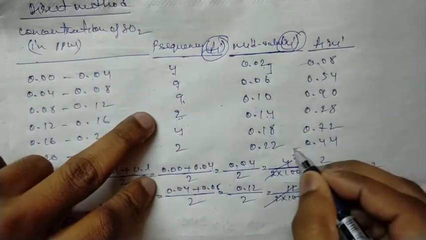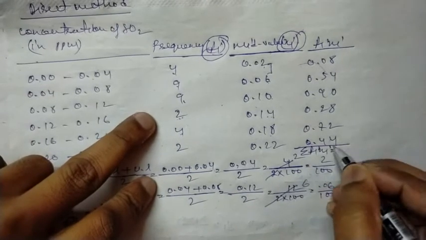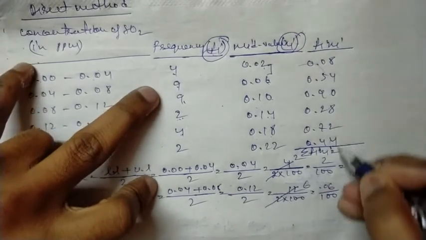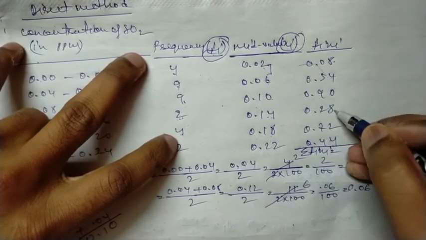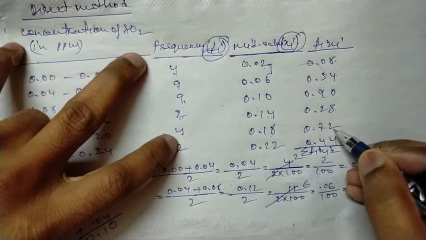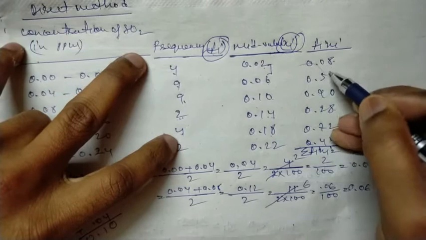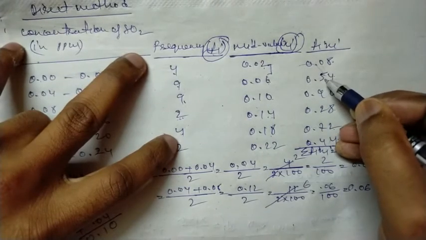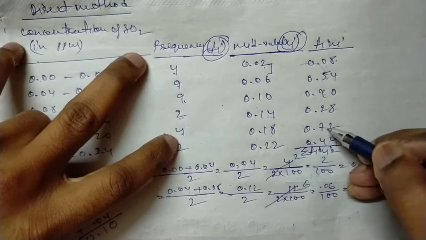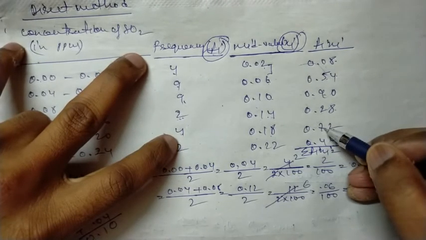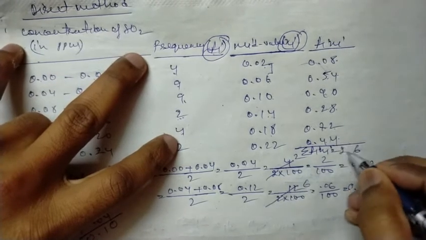Then it will be sigma fi xi. If I add all the values, let's see what we get. 8 plus 4 is 12, 12 plus 8 is 20, 20 plus 2 is 22, 22 plus 4 is 26, carry 2, 2 plus 5 is 7, 7 plus 9 is 16, 16 plus 2 is 18, and so on, up to 29.